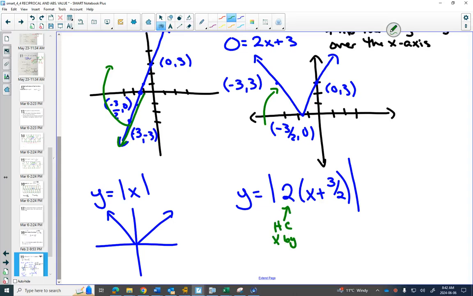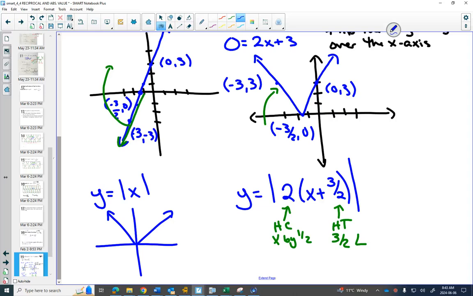You'd multiply your x values by a half. And this would be a horizontal translation, 3 over 2 to the left. So a little review of transformations here. Can you see this graph has been compressed? It's a little bit narrower than your regular absolute value graph.